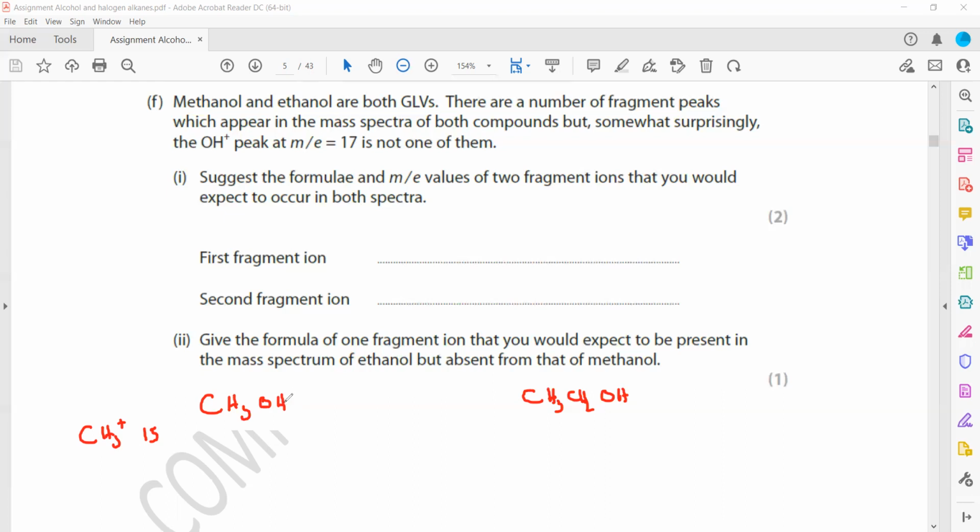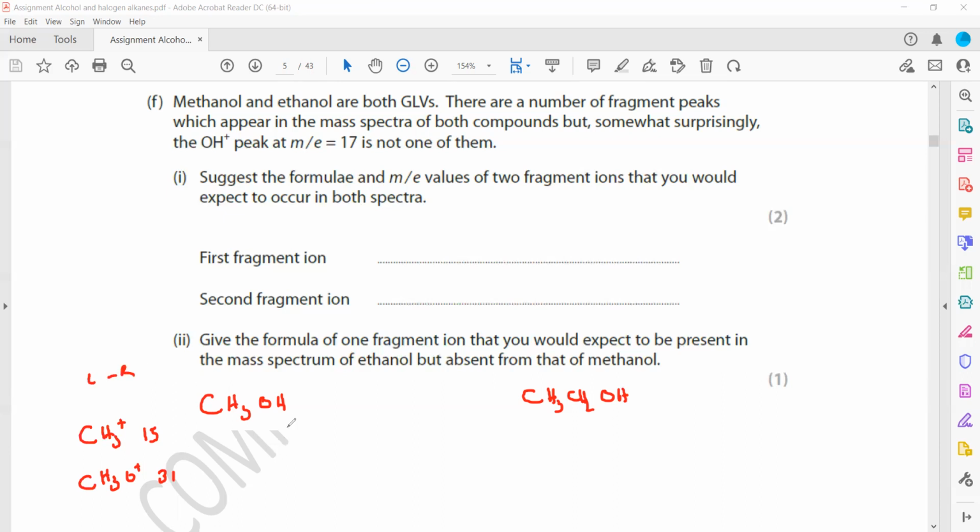Or if only one hydrogen is removed, because 4 are there, then it will be CH3O. Already 15 plus 16, oxygen is 16, so we get 31. That is when we break from left to right.